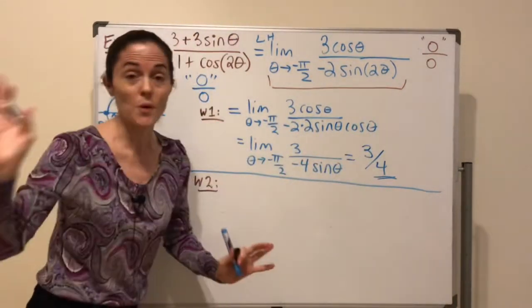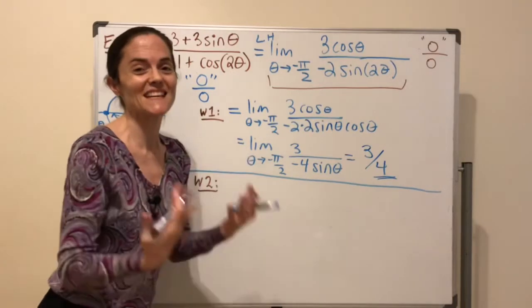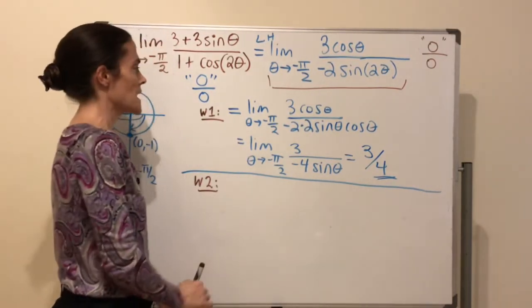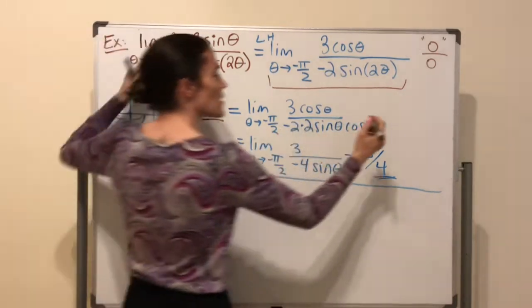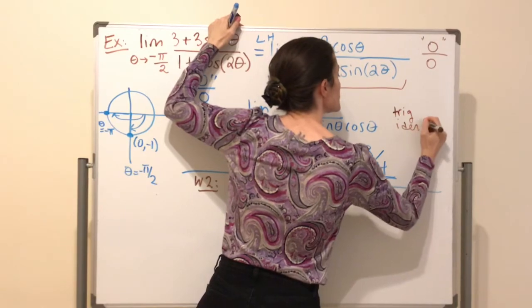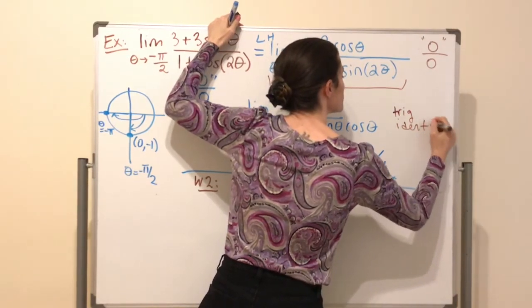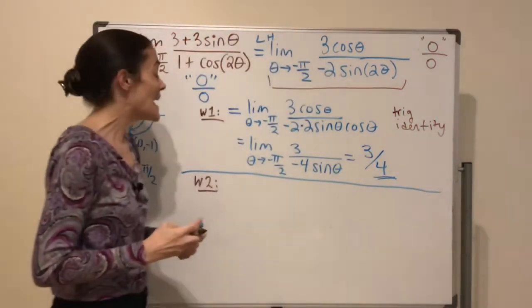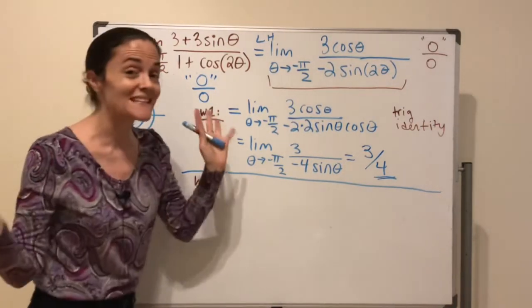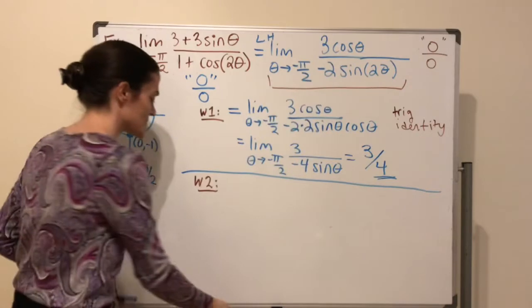Okay, we got 0 over 0 after our first evaluation of L'Hopital. So way number 1, as I mentioned, and I'll write this, was a trig identity to help us. And way number 2, I will just use L'Hopital again because I have an indeterminate form, 0 over 0. So let's do that here.